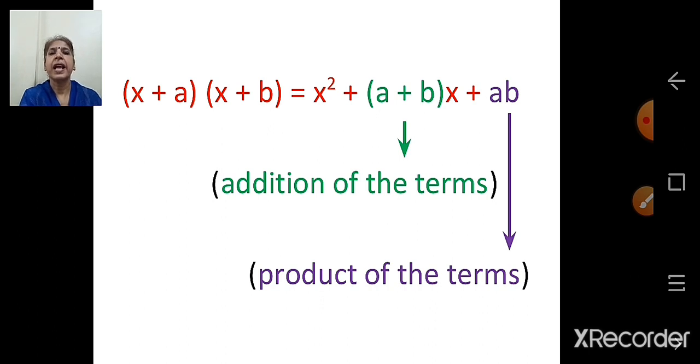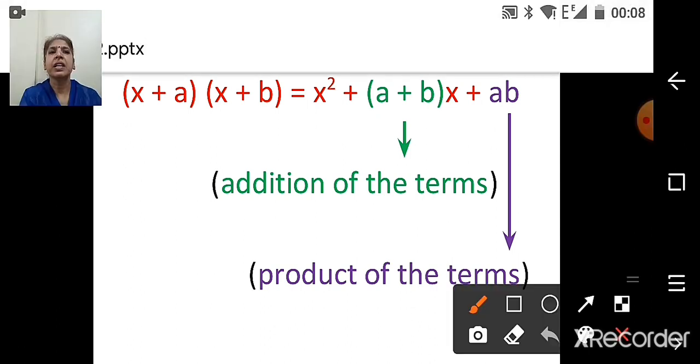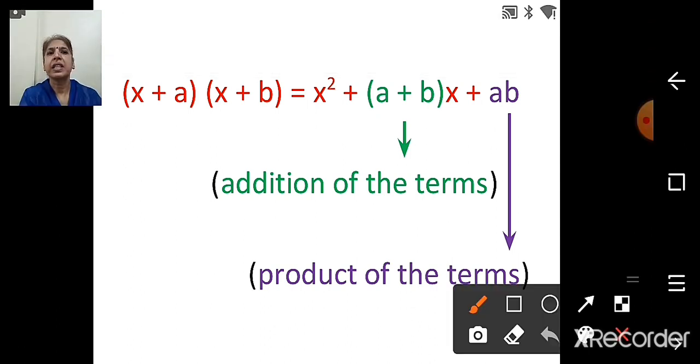Now x plus a, the whole bracket, multiply by x plus b. We have done this in the previous session. What is the answer? x square plus a plus b, the whole bracket, multiplied by x, plus ab. Now here it is a quadratic trinomial. There are three terms.